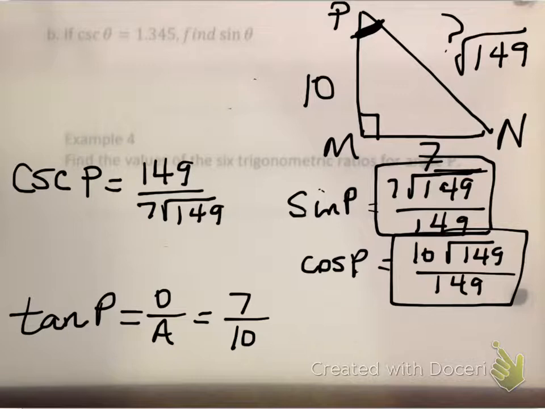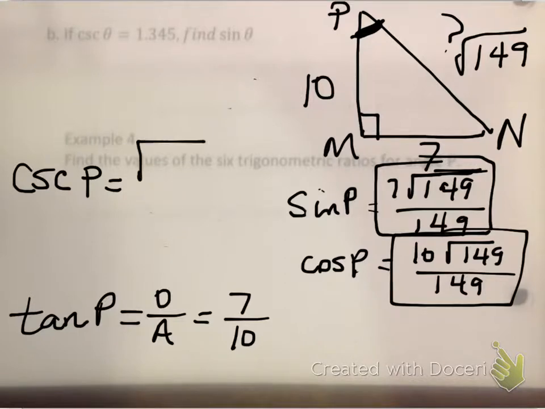Okay, well, before I flipped sine, or before I got rid of the rad, it was 7 over rad 149. So I'm going to take my 7 over rad 149 and I'm going to flip it. And so that's going to give me rad 149 over 7.